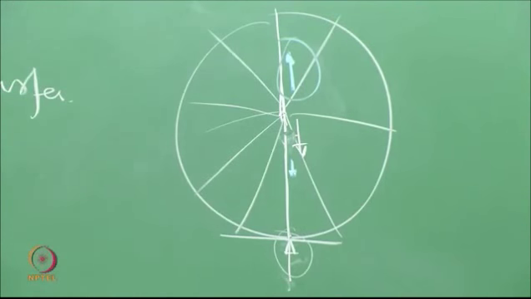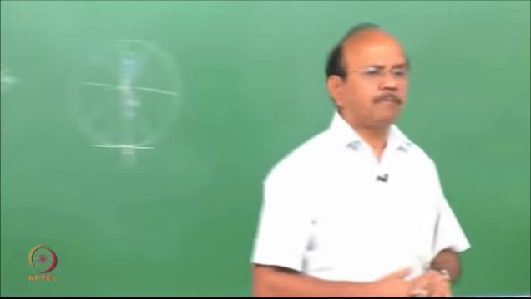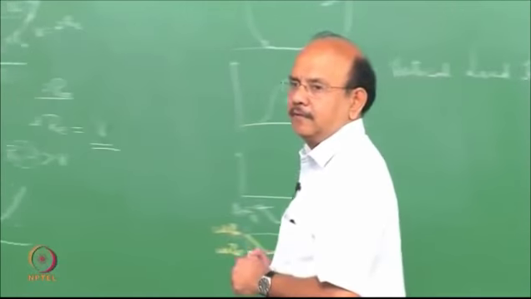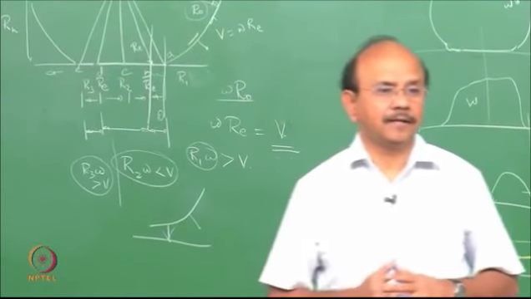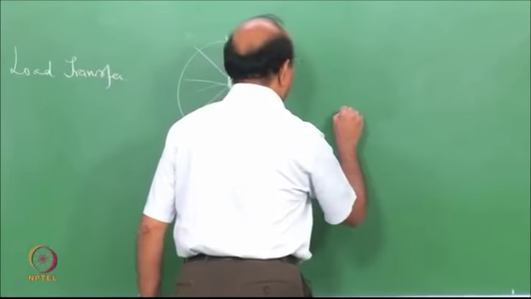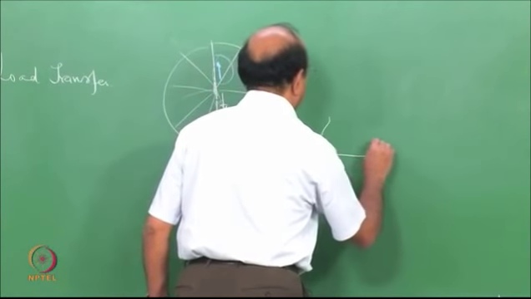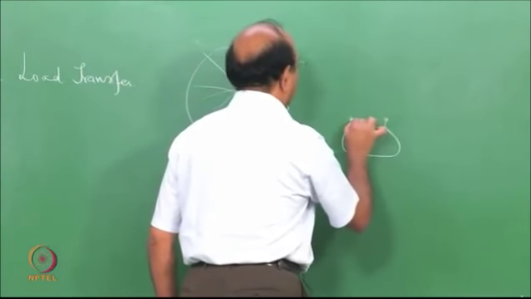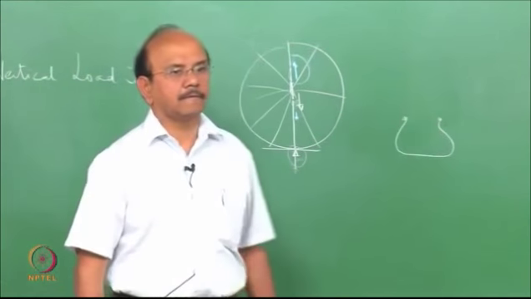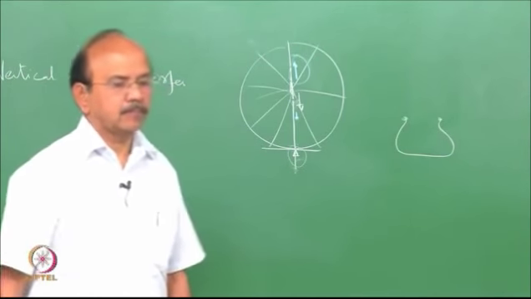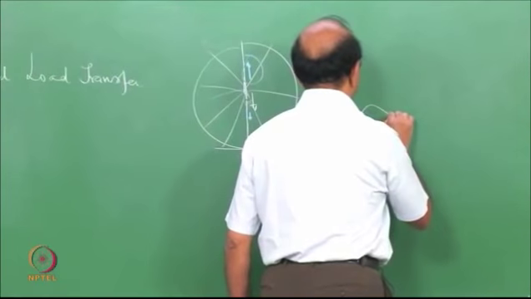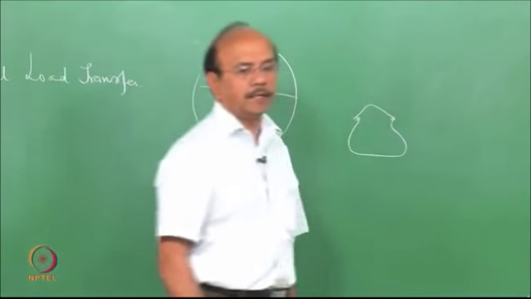This is exactly what happens in a tire. But who plays the role of the spokes in a tire? It is the sidewall of the tire. So let's draw the sidewall. Let's say that's the sidewall of the tire, sitting in a rim.